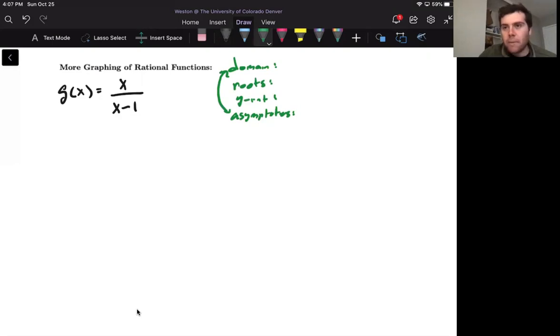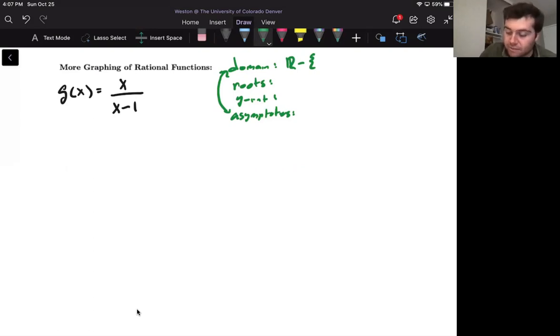So remember, our domain is just the points where we aren't dividing by 0. So we write it as all real numbers minus the points where we are dividing by 0. So we're taking the points out where it gives us division by 0.